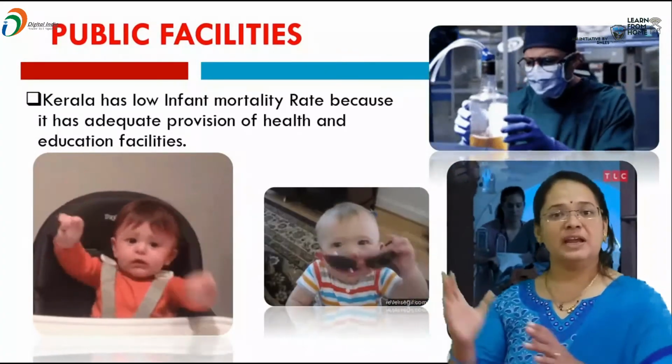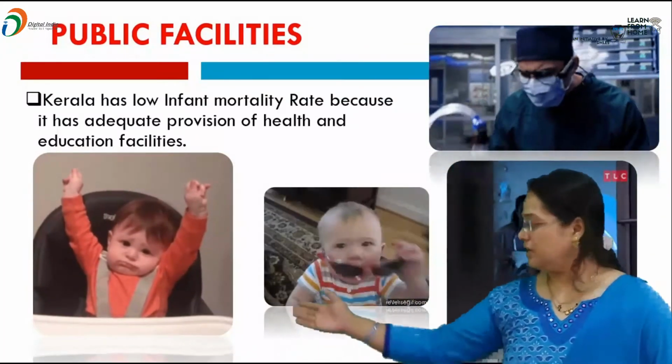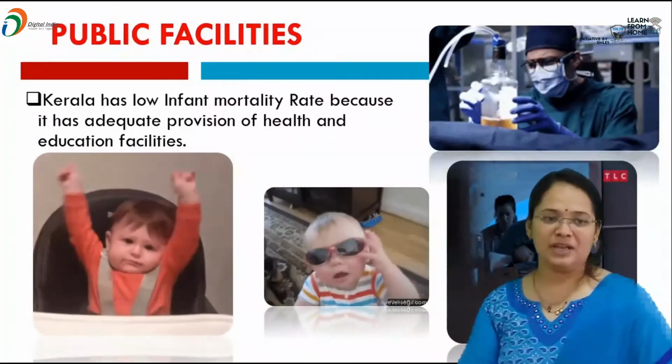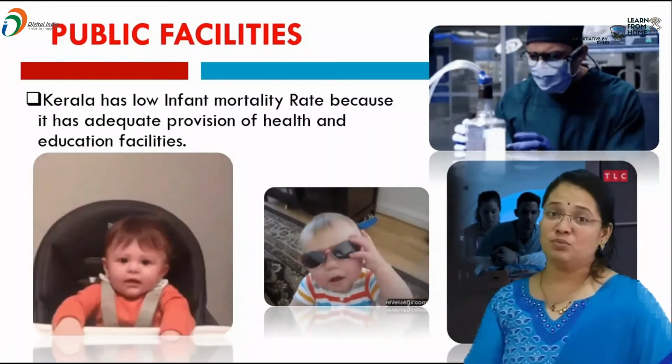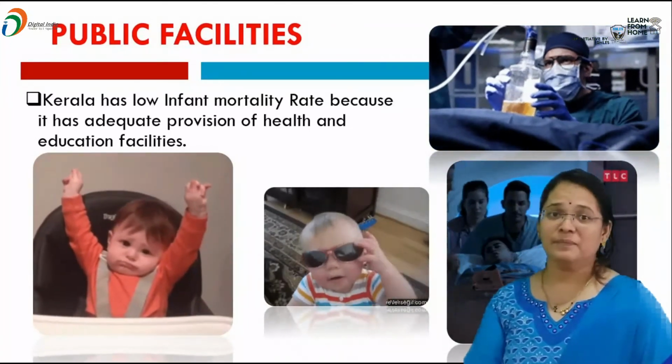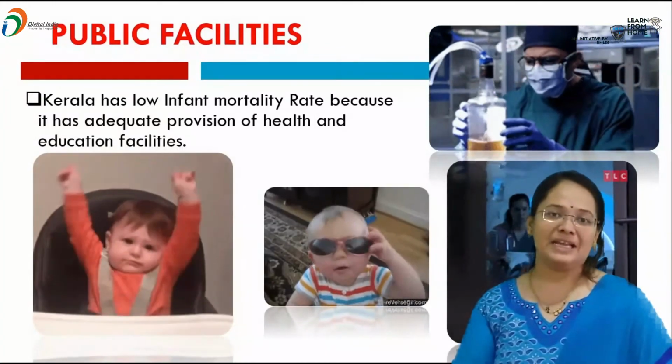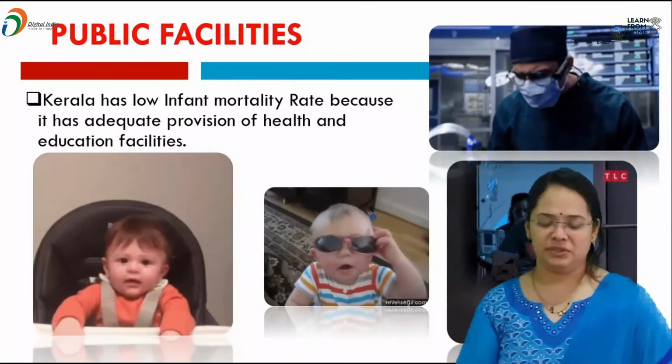That's why they have a lower mortality rate among infants, that is children below 1 year. That's why we can say that Kerala is more developed, because they maintain health as well as education quality.